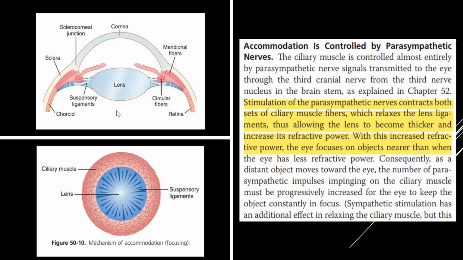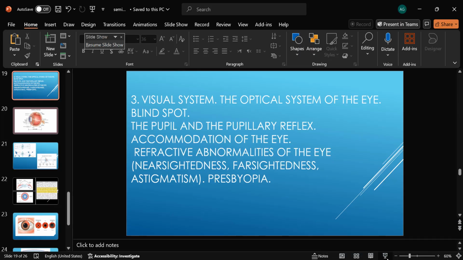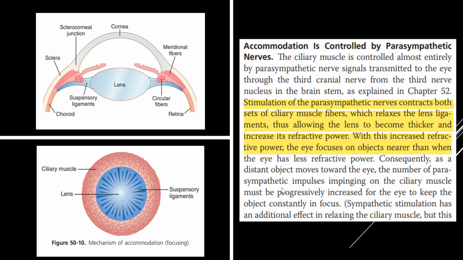So what your body will try to do is relax the ciliary muscle, and with the relaxation of the ciliary muscle, the suspensory ligament will... Sorry, focus with me because this part will be a little bit confusing. So let's start again about accommodation.